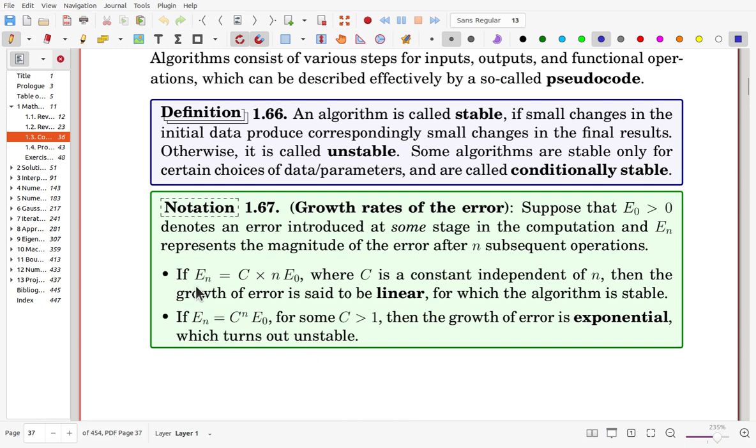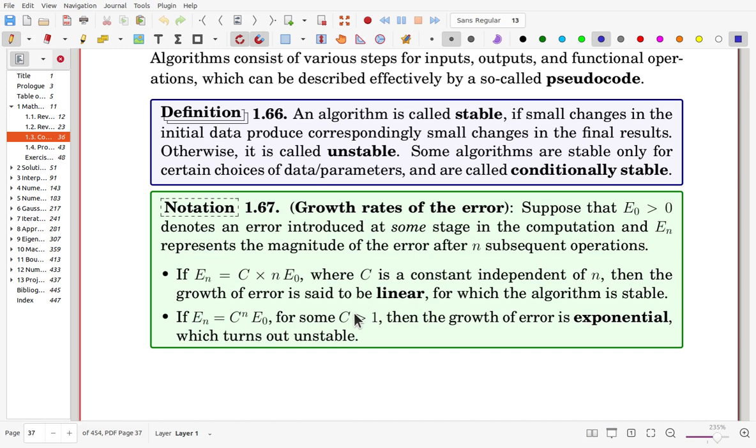Now, if the manner of increasing is the initial error times n along with some constant C, then we can say that the growth of the error is linear, and usually in this case the algorithm is stable.